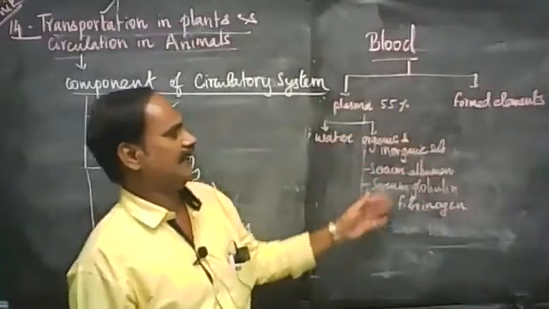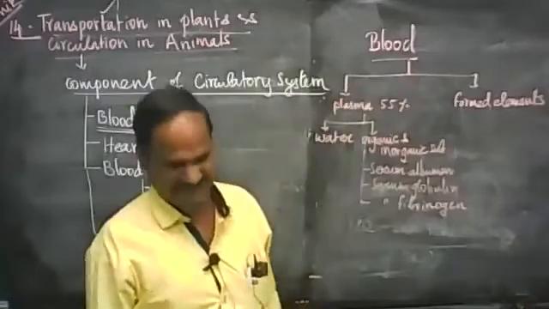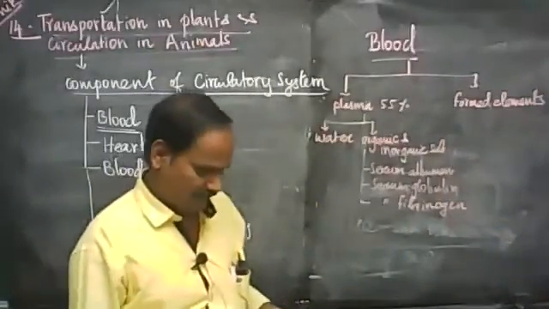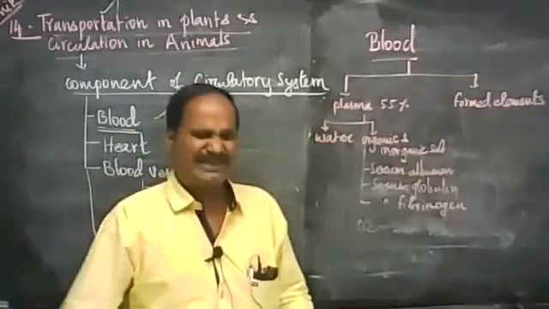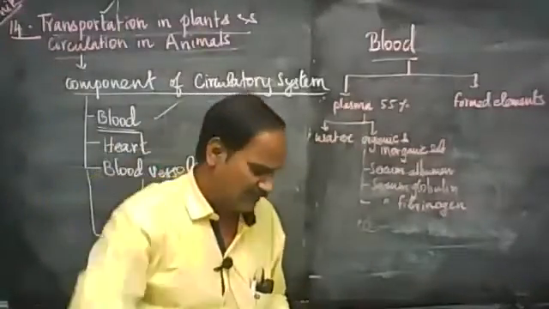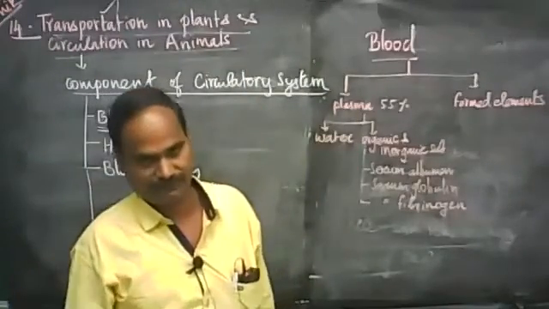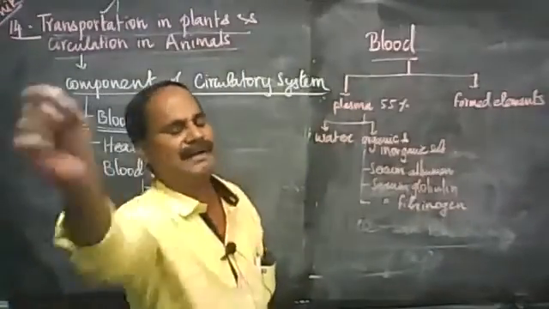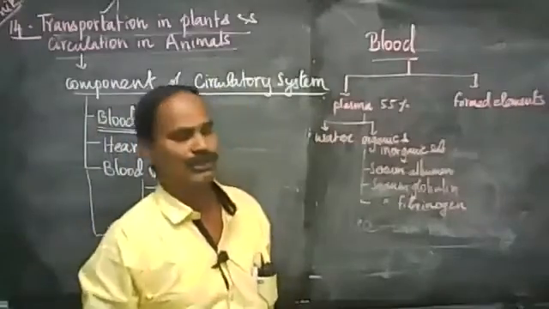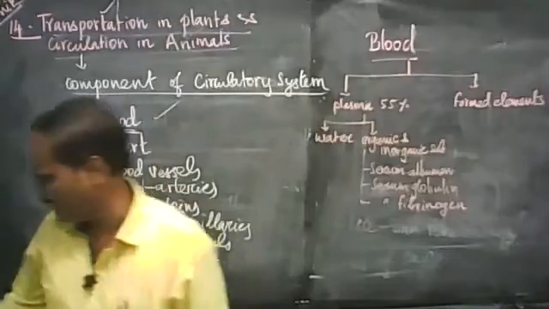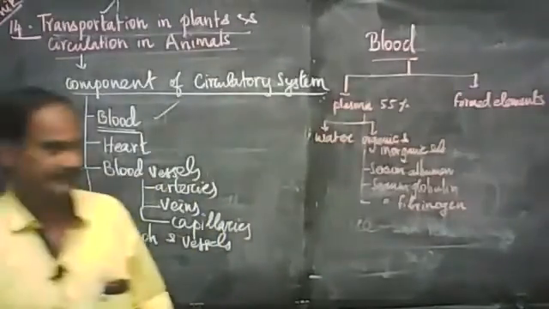All are present in the plasma part of the blood. It is a straw-colored fluid. It has hormones also, enzymes also, vitamins, minerals, everything found in the plasma. Write a note on the plasma part of the blood. When they ask in a 2-mark question, you are supposed to write these answers. What is plasma? Yes, you have completed that.